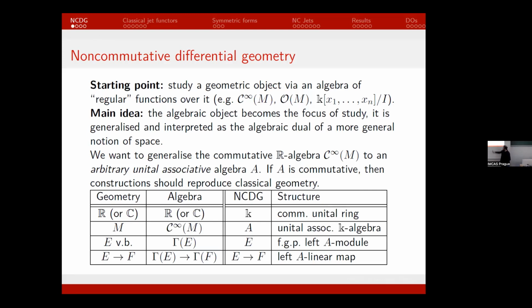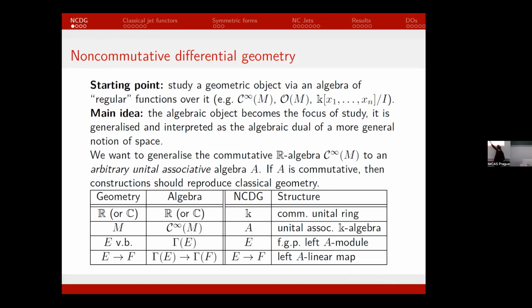I wrote this table as a sort of translation tool. So we have the classical geometric object, the equivalent algebraic one, the non-commutative generalization, and what these generalizations represent. Let's start from R or C. Usually our geometry, especially in differential geometry, will have a field of scalars, R or C, and in algebra, of course, that corresponds to a field.